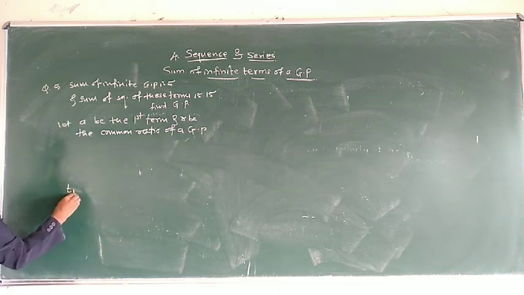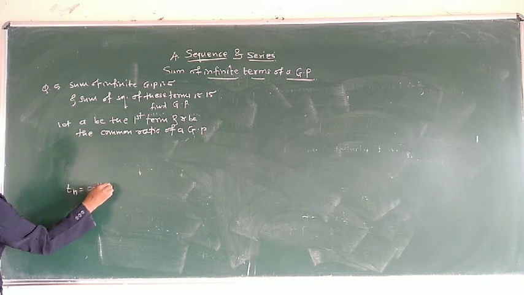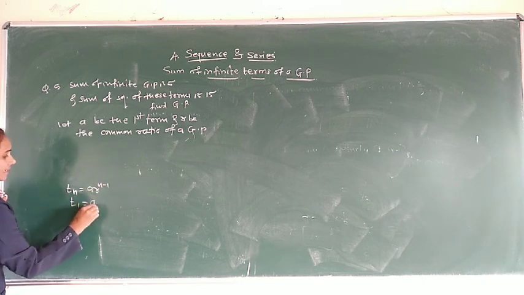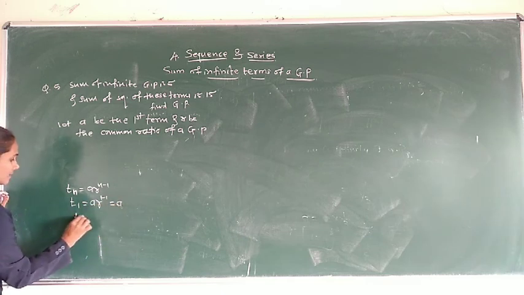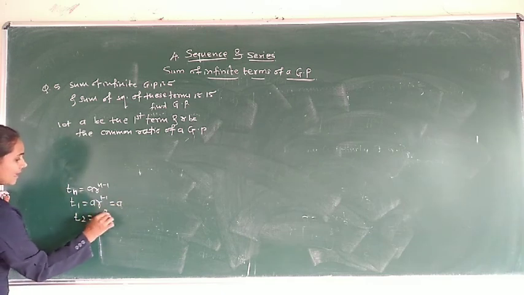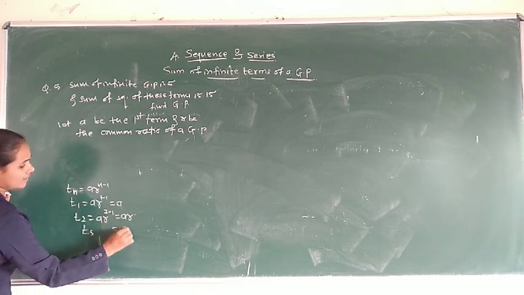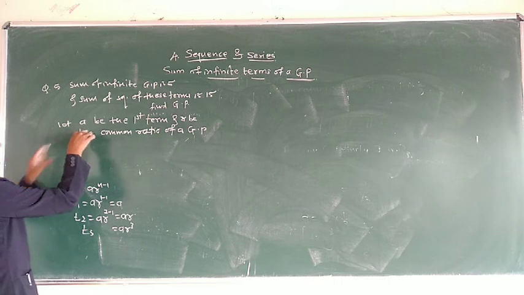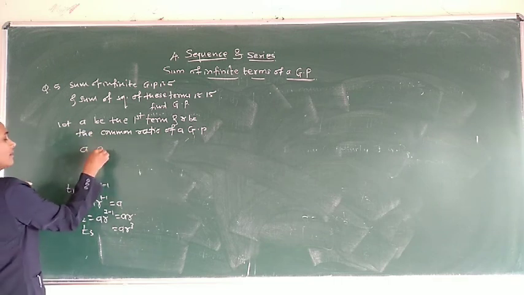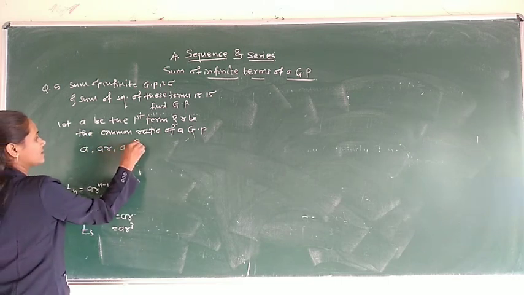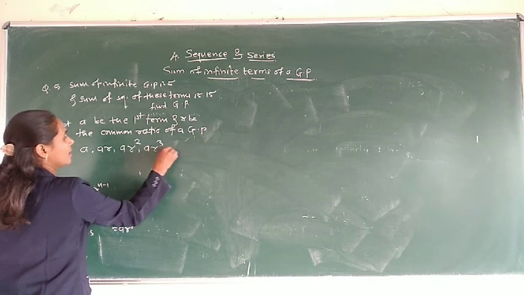Tn is equal to A R raised to n minus 1. Then what is T1? A into R raised to 0, that means T1 is A. T2 is A R raised to 2 minus 1, which is equal to AR. T3 is AR square. Therefore, the sequence is A, AR, AR square, AR cube, and so on.